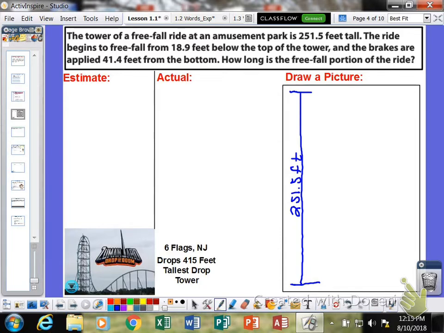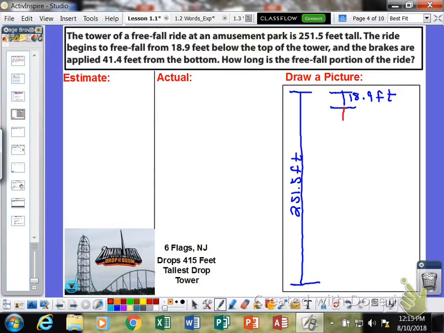So then what we want to do is we know that the actual tower starts dropping 18.9 feet below that. So technically here is where we start the free fall. So I'm going to show my free fall in red here.